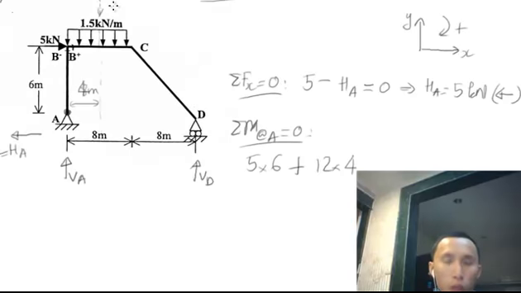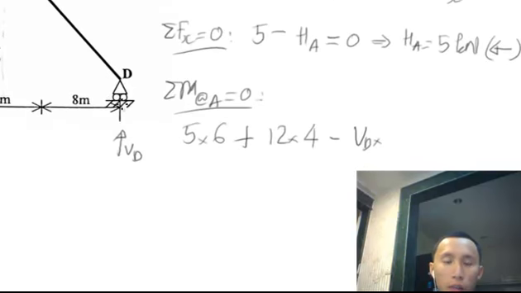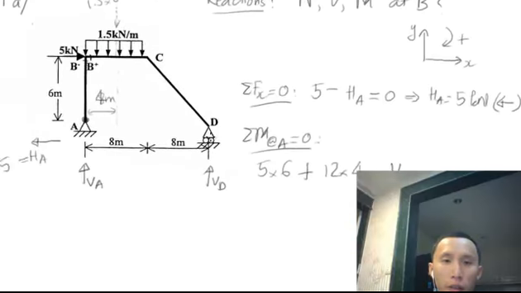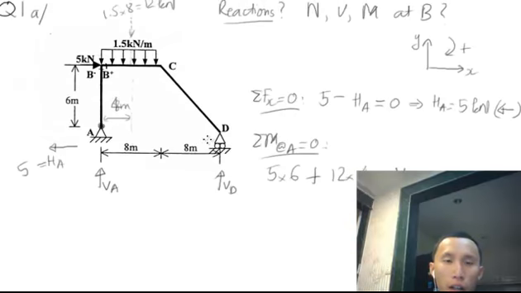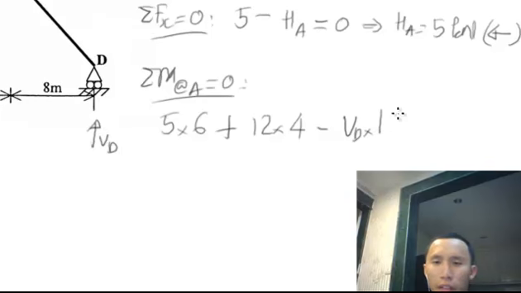Now 12 and then VD here. Because VD goes anti-clockwise around A, it is negative VD times the lever arm from VD to A, which is 8 meter and 8 meter, so 16 meter, equal to 0.